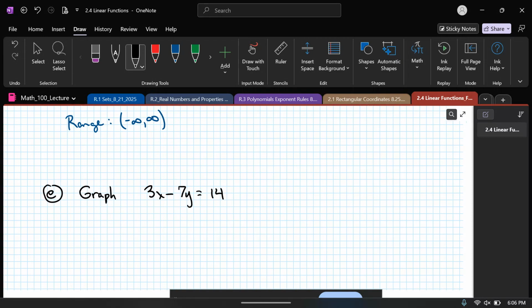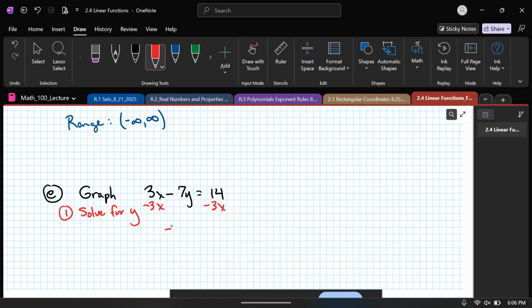So this is where this connects to the literal equations that we did in 1.1. Let's get y by itself. We want to solve that for y. So step 1 is solve for y. How do I solve that for y? Subtract 3x. Minus 3x, that's a good start.